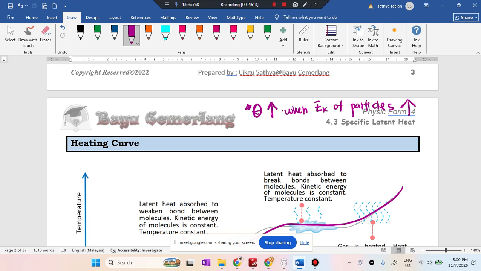It's not because you supply heat, sebab tu kinetic energy particles increase tau. It works in both ways. Okay, kalau you know the particles, the atom, ions, right? Kalau dia punya movement increase, that means the kinetic energy of the particle increase, temperature akan increase. You kena hafal benda ni to faham this section very well.